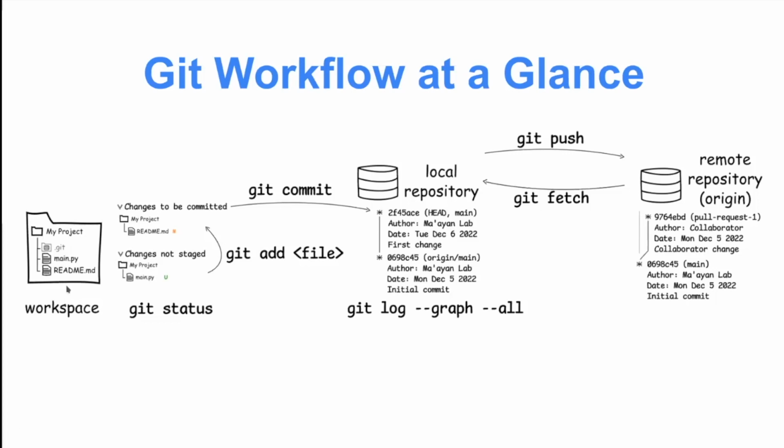And your workspace exists independently of the entire repository. When you run the git status command, it shows you the differences between the head branch of your repository, so where you currently are in the Git history, and your workspace.